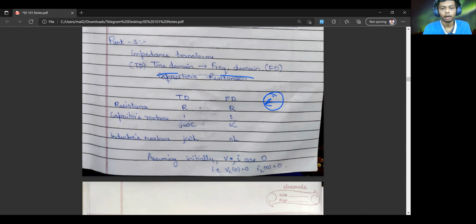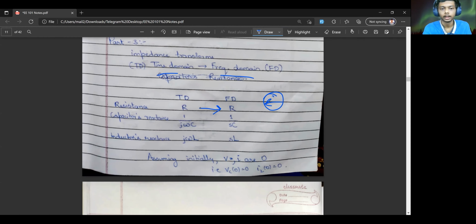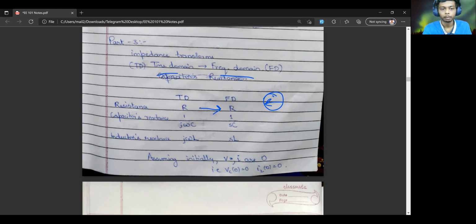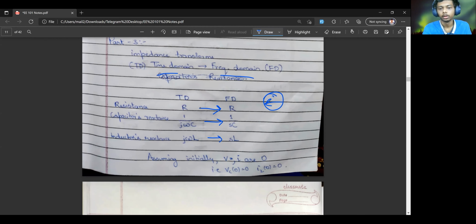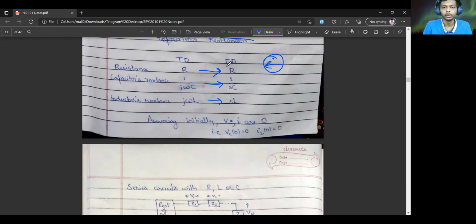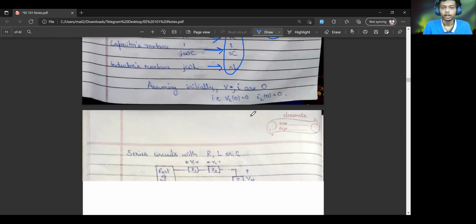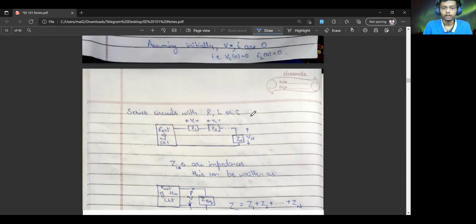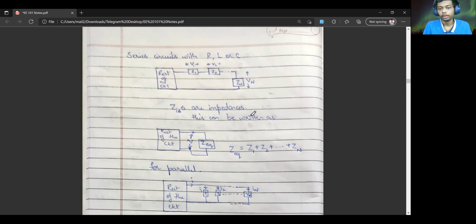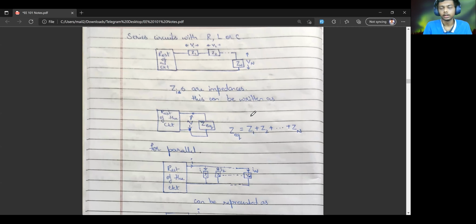If you Laplace transform R, you get R exactly, but for the capacitor's reactance you get 1 over SC, and the inductor's reactance will be SL. Once you have transformed everything into the frequency domain, you can analyze the circuits exactly like the resistors when you had them in the time domain.